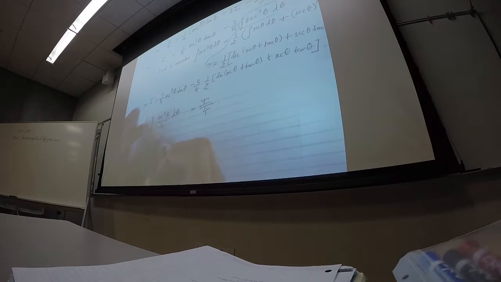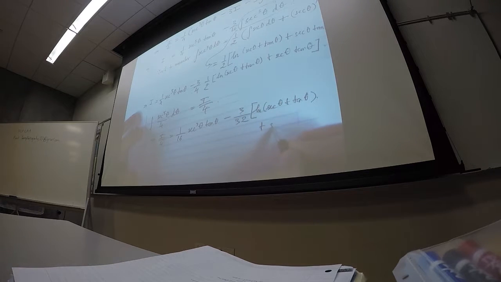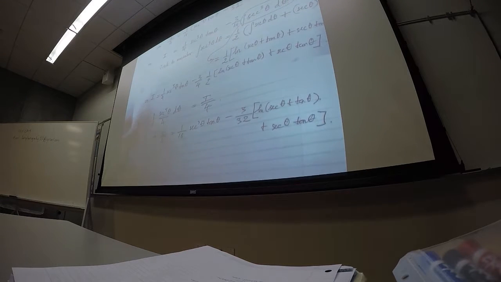So therefore, I over 4 equals 1/16 secant cubed theta tangent theta minus 3 times 4, that's 16, that's 32, right? Ln of secant theta plus tangent theta, plus secant theta times tangent theta. Alright? Okay, so that's your result.